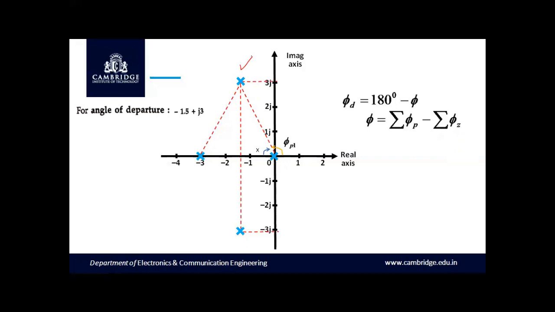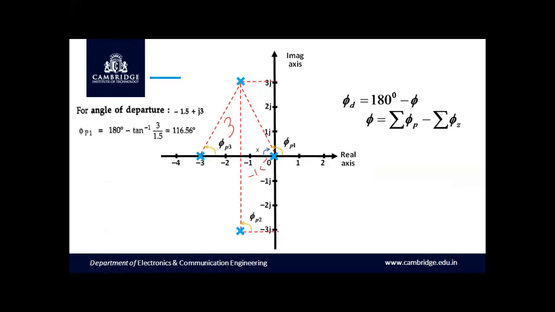To calculate the angle phi p1, we can consider the complete angle. This gives you 180 degree minus x, which gives phi p1, where x is this angle exactly. So let me highlight this region in green. The opposite side is 3 and the adjacent side is 1.5.